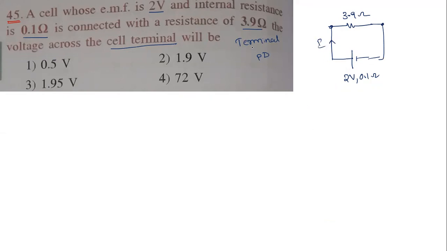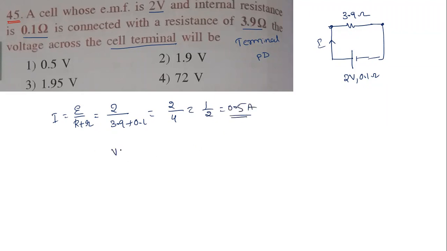Current is given by I equal to E by R plus r. E is 2 volt, R is 3.9, plus small r 0.1. It will be 2 by 4, which is 1 by 2, so 0.5 ampere current is there.